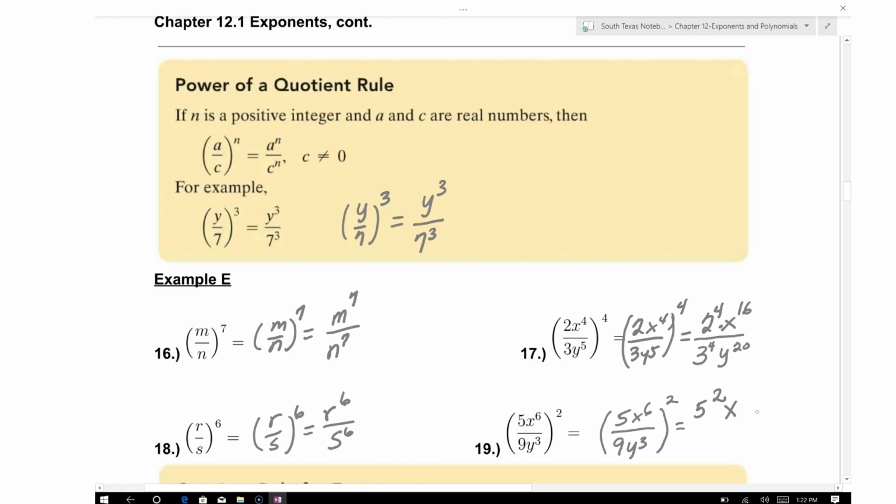So 6 times 2 is 12. Then we have 9 that's raised to the 2nd power. And we have y that's raised to the 6th. How did I get 6? 2 times 3. So basically what you're doing is you're multiplying the exponents when you're raising it to another exponent.